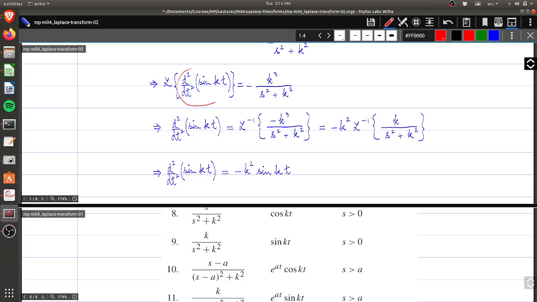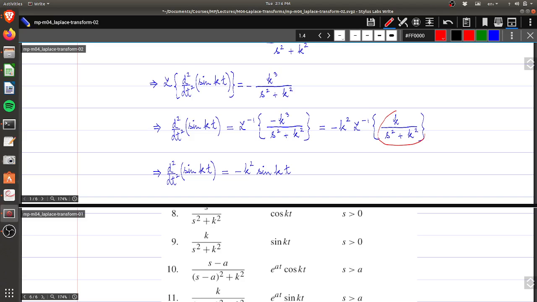So you have to find the inverse Laplace transform of minus k cube by s square plus k square. I can take minus k square outside, because k after all is a constant. The Laplace transform does not affect the constant. So minus k square comes outside, which leaves behind k by s square plus k square inside.